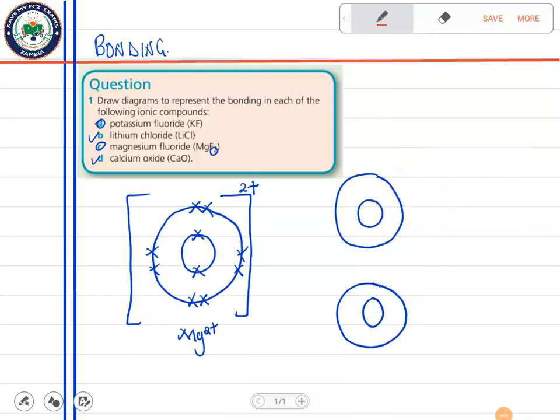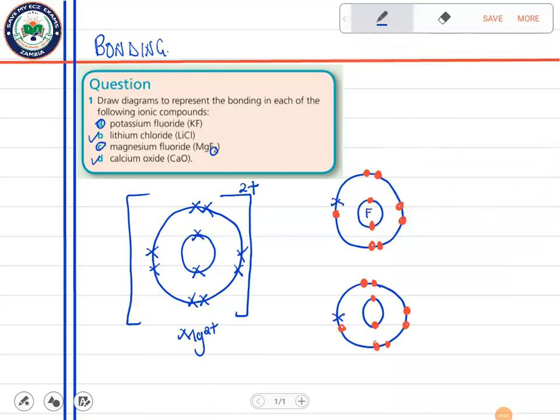Okay, so now let's plug in. So we have there, there, there, there, there, there, and there. That's fluorine. This is another fluorine, like that. And you know that magnesium donated 1 electron to each fluorine. Okay, so this is a fluoride ion.